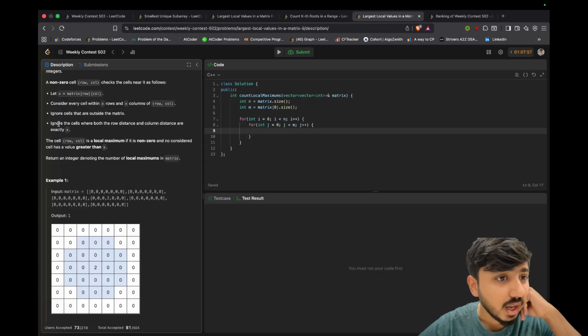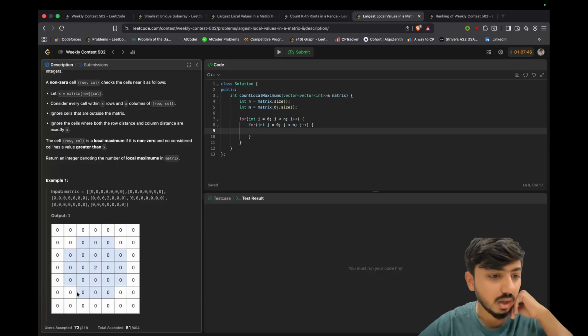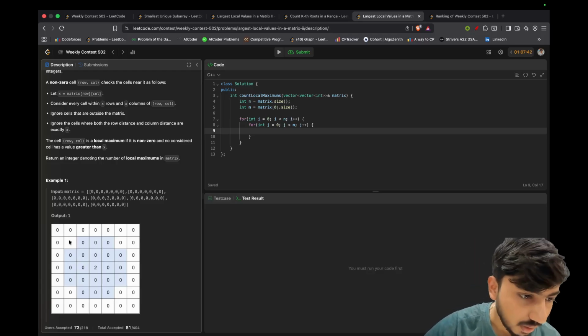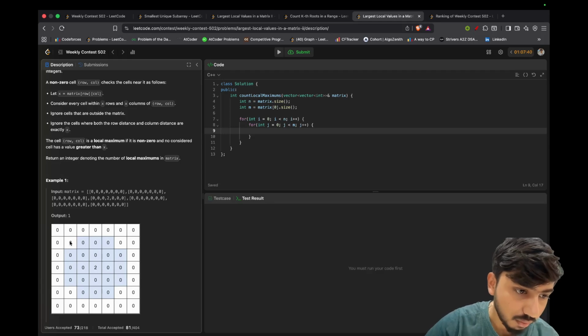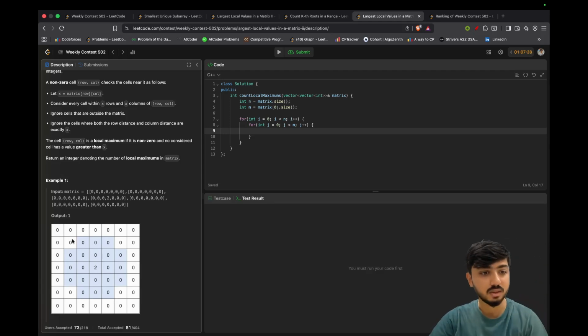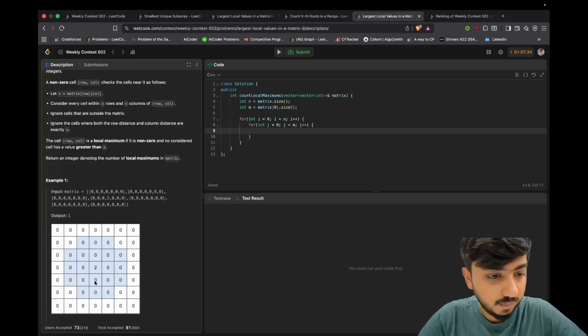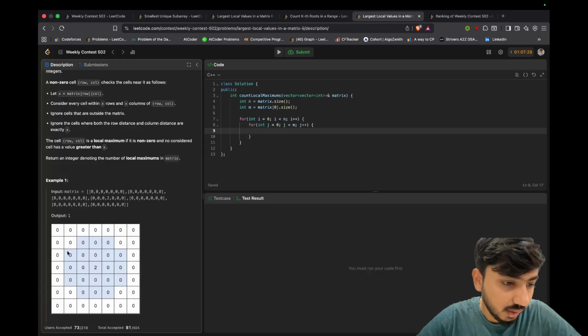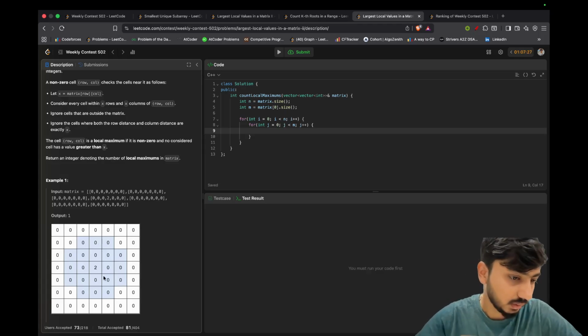Okay, ignore the cells where both the row distance and the column distance are exactly x. 1 2. Okay, caught it. If you look at the distance 1 2 and 1 2, the distance is 2 comma 2 for all these cells. Okay, got it. Now we have to check this number is greater than all the others.